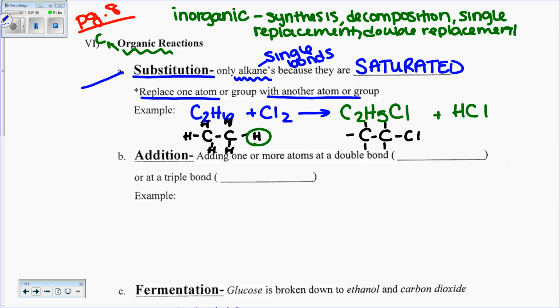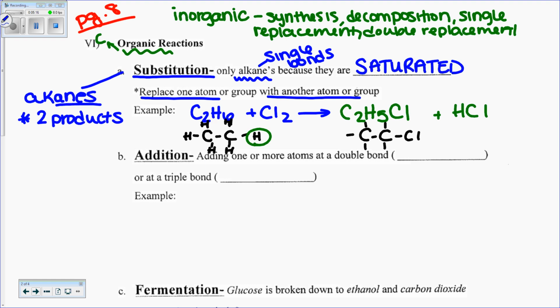So substitution we'll kind of put on the side or takeaways. So alkanes, remember I have to have those single bonds. I'm always going to get two products when I do these. That would be something to look for.